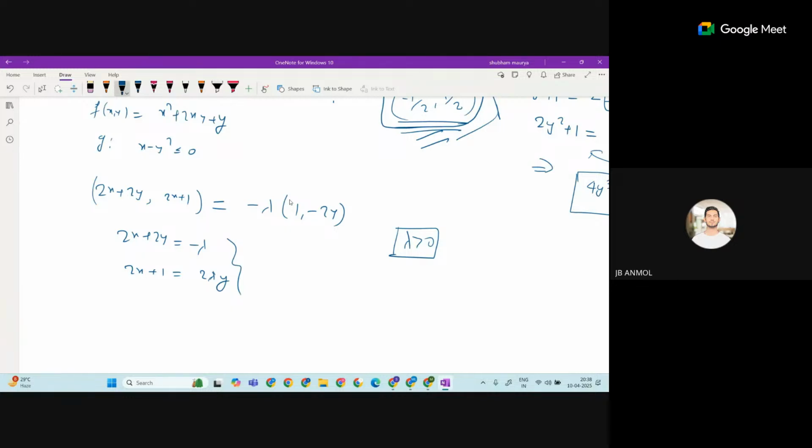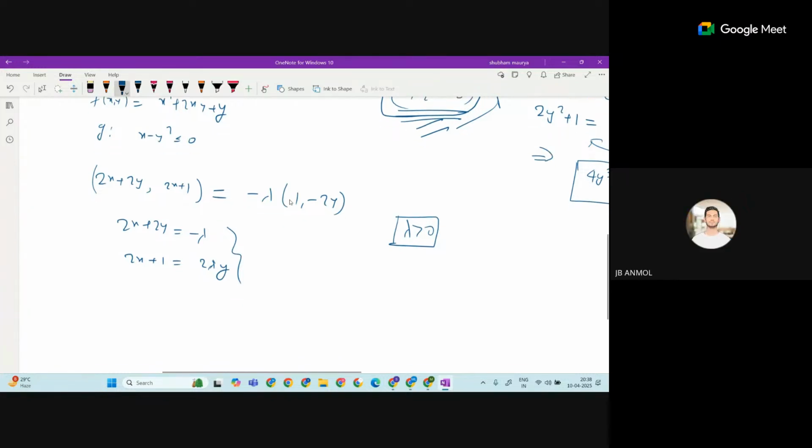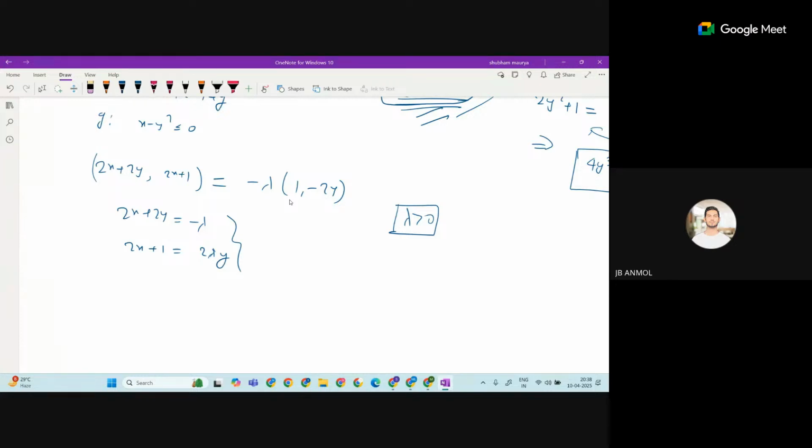We can solve it by summing these two equations. If you subtract, minus and minus, so this will be 2y minus 1. Yes, correct. We have minus lambda and minus 2 lambda y.